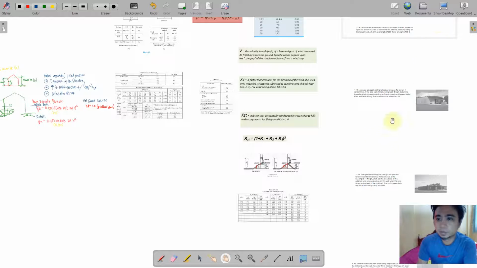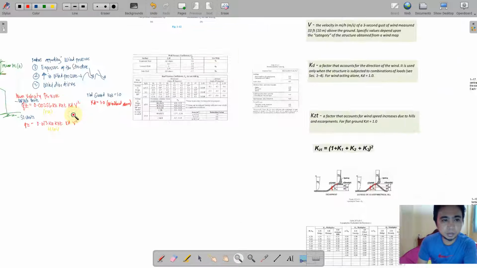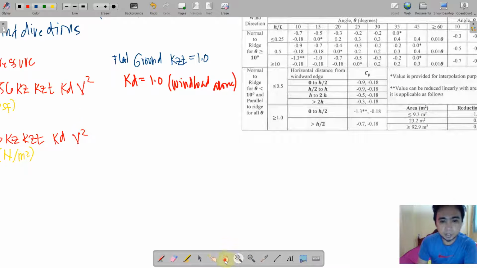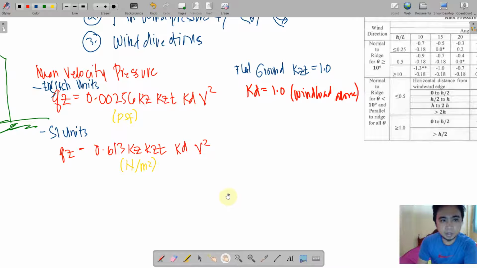Because kung minsan di naman maganda ang rigid structure. Kasi nga parang ano yan eh. It is compared to a bamboo and a mango tree. Yung bamboo, sasayaw-sayaw lang yan during a strong wind.